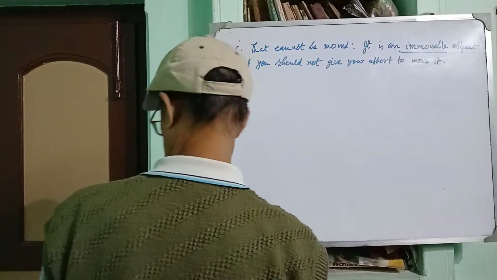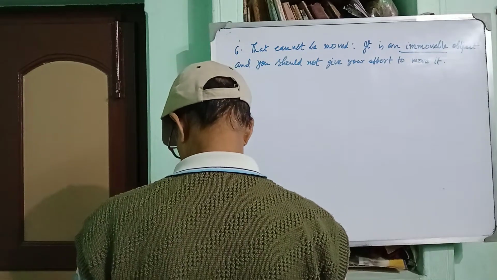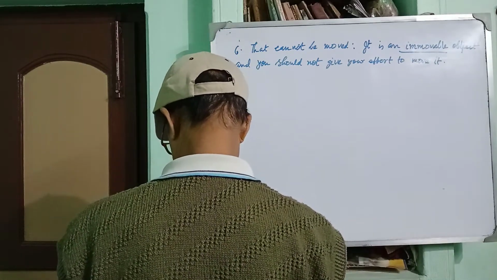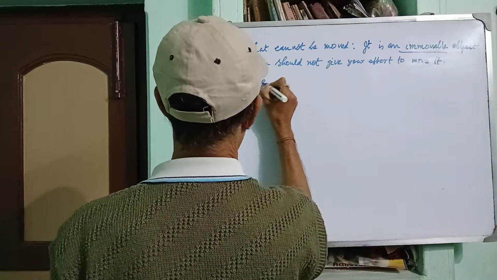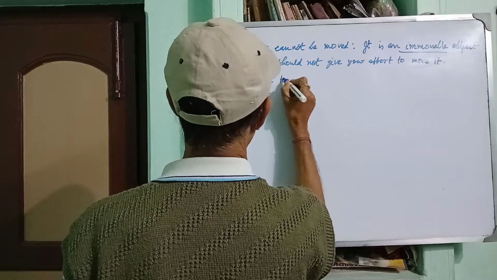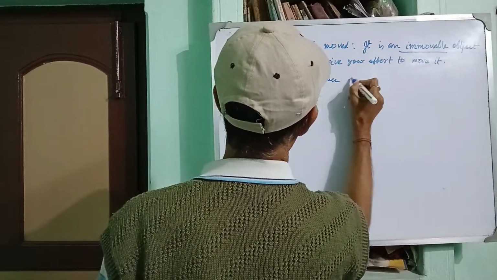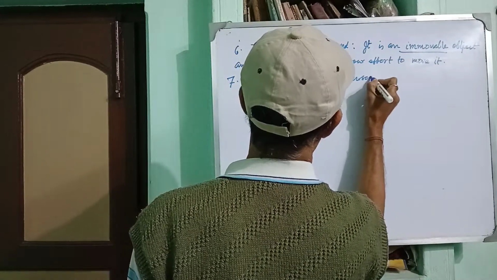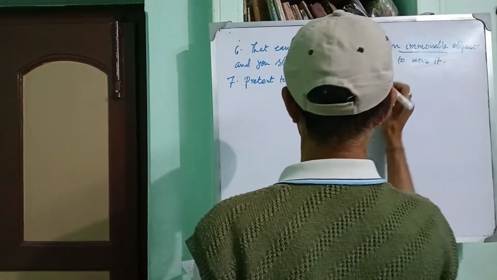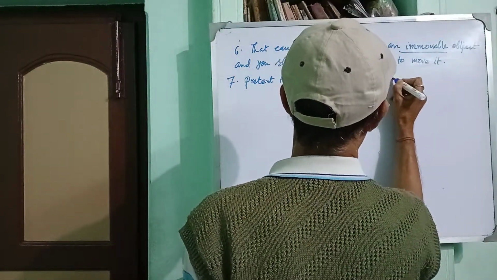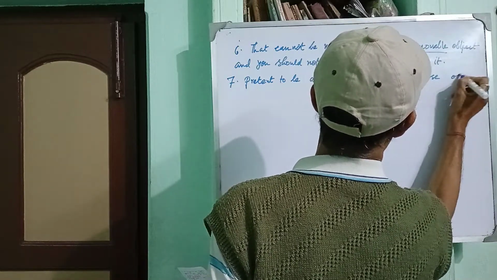Number 7. For example, pretend to be another person for purpose of fraud.